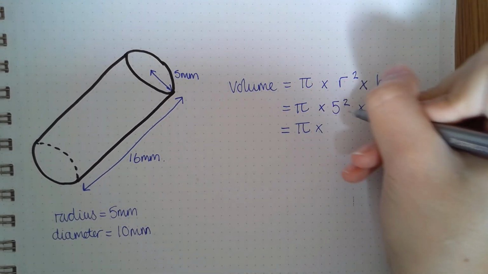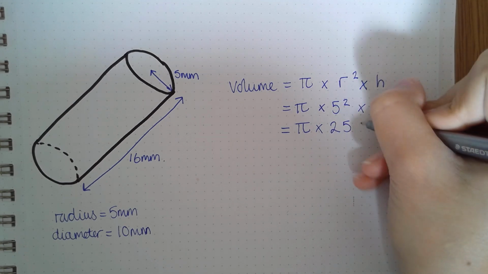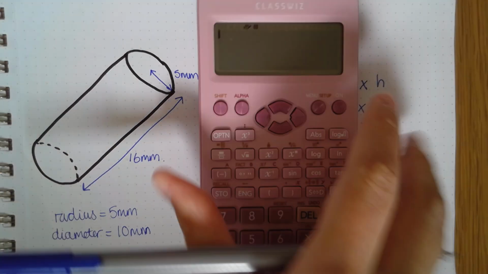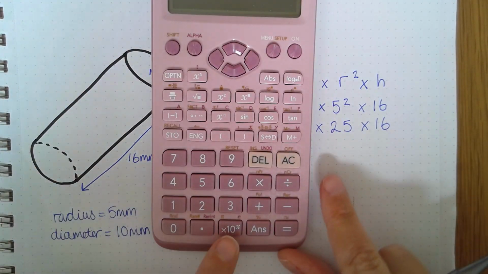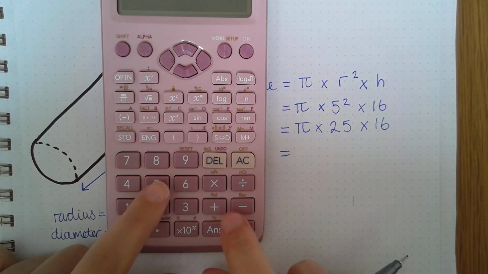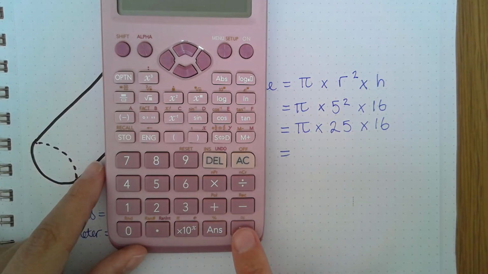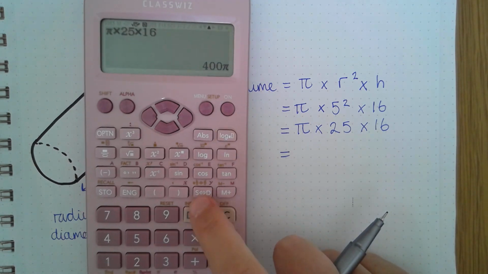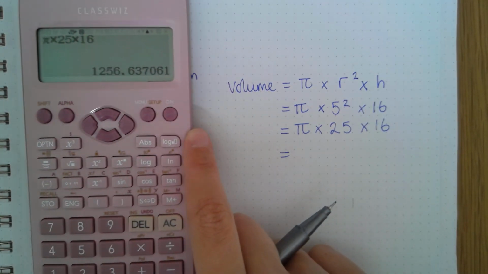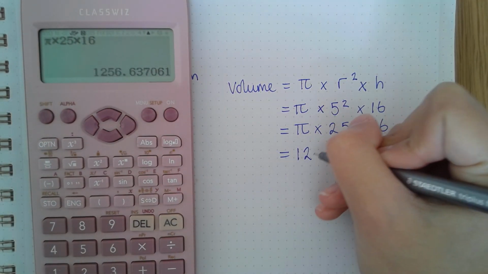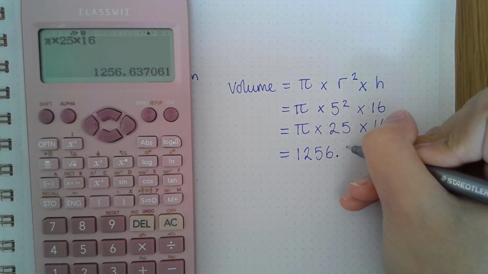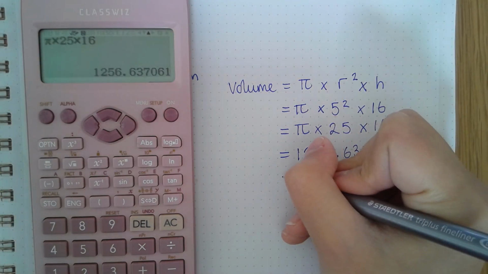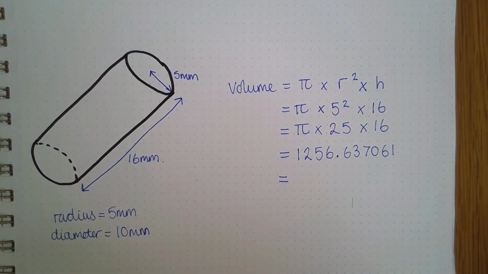Pi times 5 squared is 25, and then I can type that in my calculator. So shift pi button times 25 times 16 equals, so I've got 400 pi, I want a decimal, so S arrow D, so it's 1256.637061, and I need to round that to 2 decimal places.